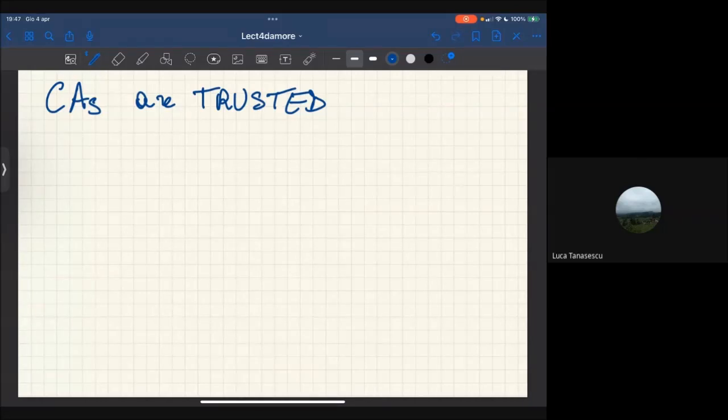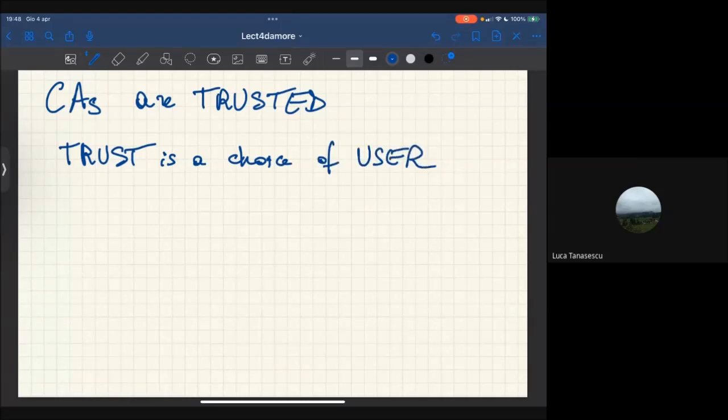The trust is meaning that it is a choice of the user. You can trust. But if you don't trust, you don't believe the certificate. So all certificates, they are written according to the standard X509, version 3.